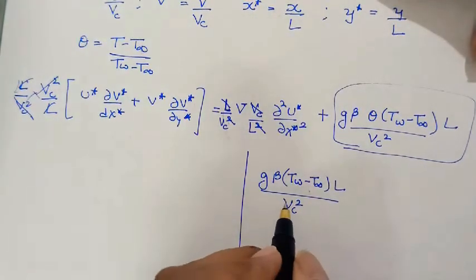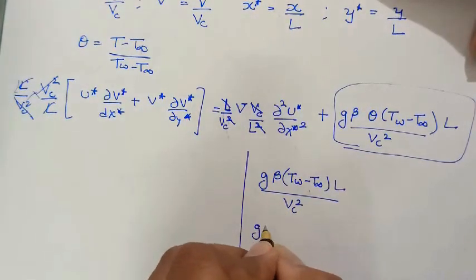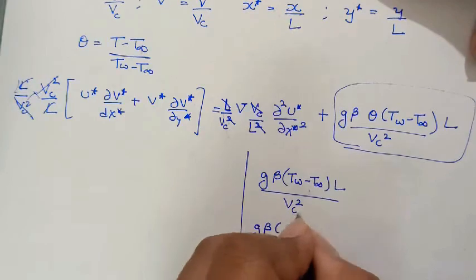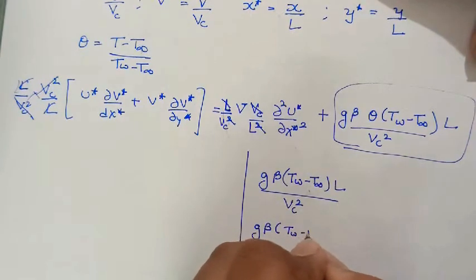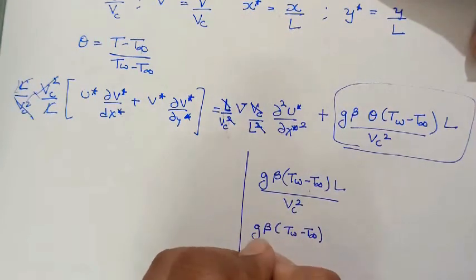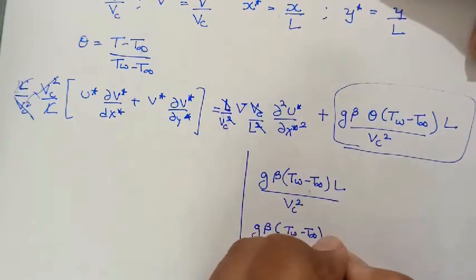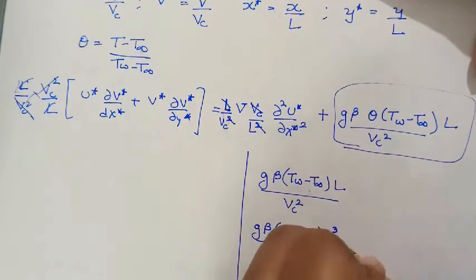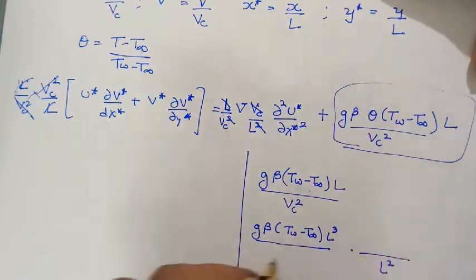So I can write this as G beta (Tw minus T infinity) by, let me multiply by L square, so it will be L cube divided by L square, right?